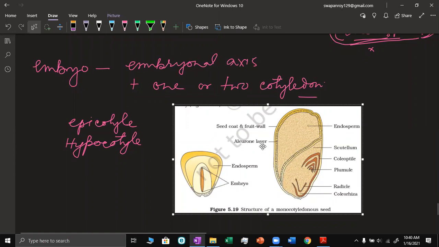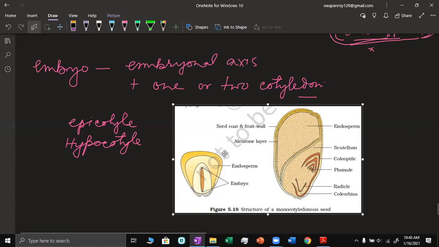In most monocots, particularly in maize grain and wheat grain, the ovary wall and the seed wall are fused together. That's why seed and fruit are completely mixed. So they are usually called grains, food grains, like maize grain, wheat grain.